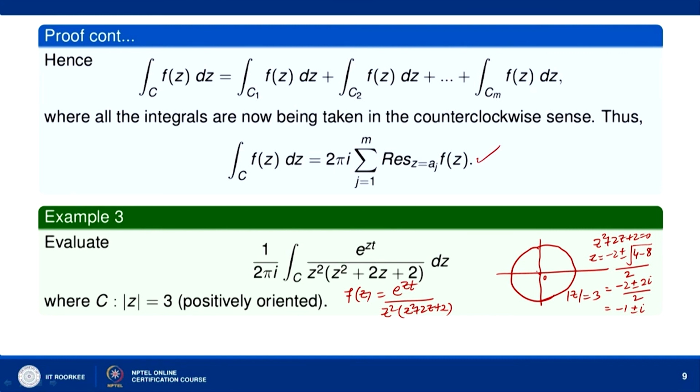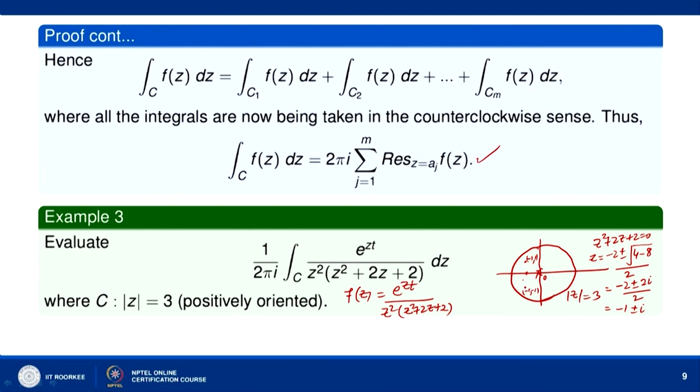So, let us plot them. z equal to 0 is here, minus 1 plus i is here, this is the point minus 1, so this is one singularity, and there is minus 1 minus i. So, this is minus 1 minus i. Okay.